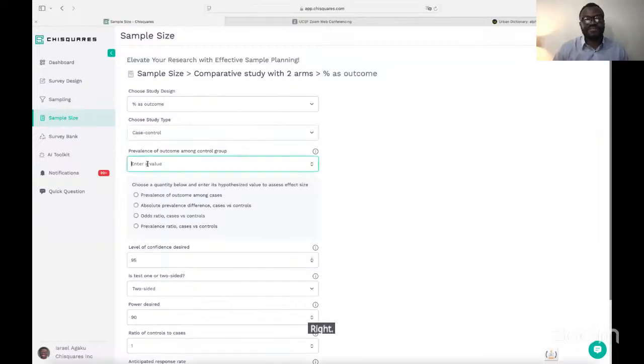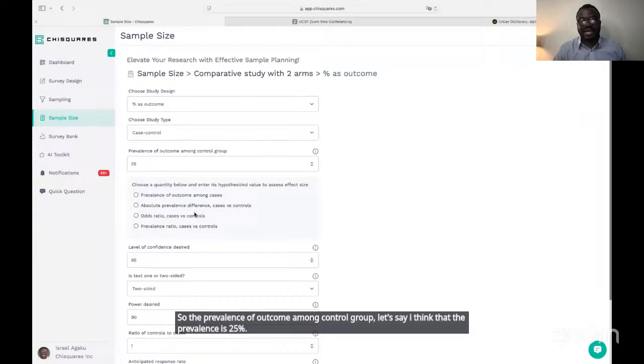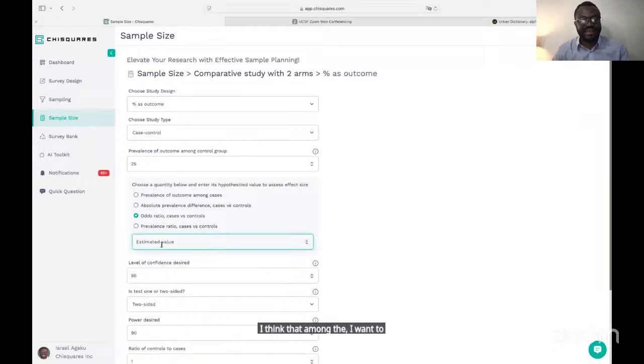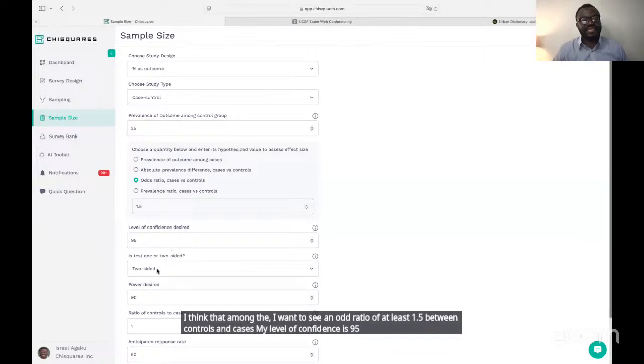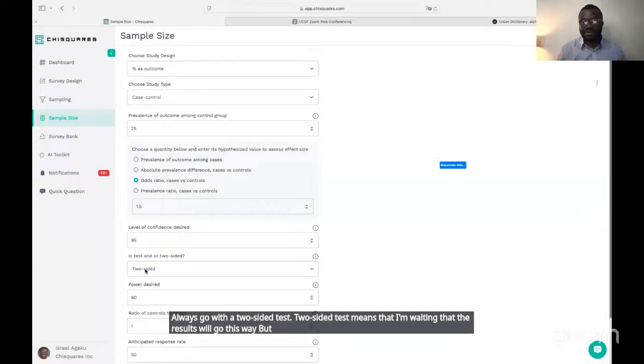So for the prevalence of the outcome among the control group, let's say I think that the prevalence is 25%, and I want to see an odds ratio of at least 1.5 between controls and cases. My level of confidence is 95, and this is a two-sided test. Always go with a two-sided test, right? Two-sided test means that I'm willing that the result will go this way, but I'm also open that it may go the other way around, right?